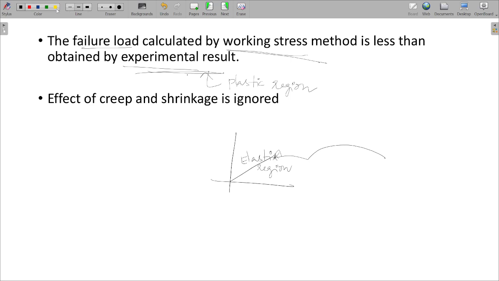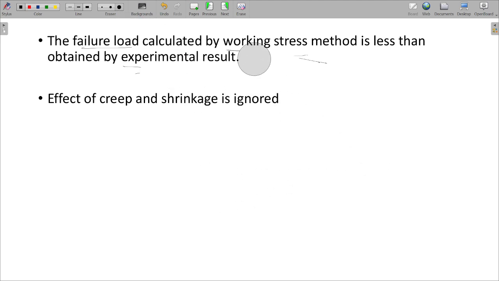So what is the difference between plastic and elastic material? Let us see one example. If this is the beam and this is the neutral axis, and we apply load on it, this is the stress distribution.